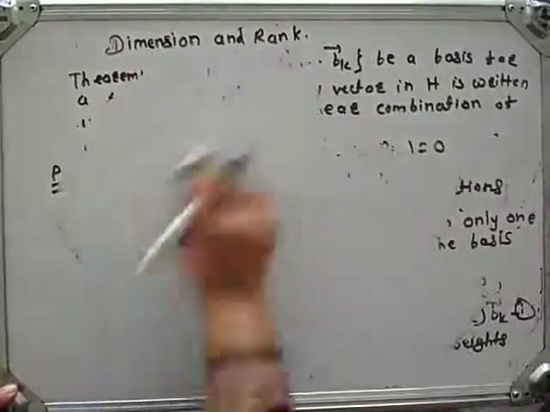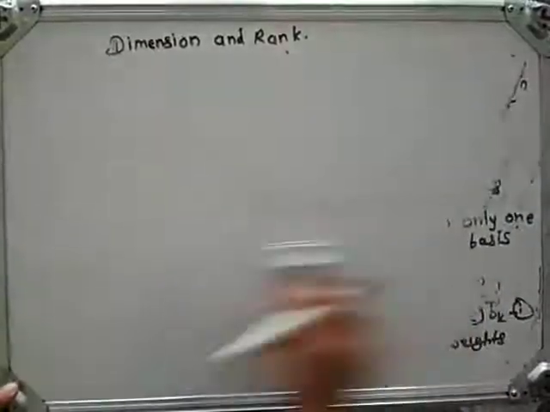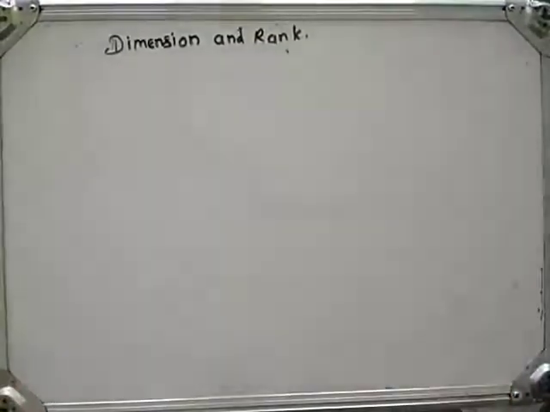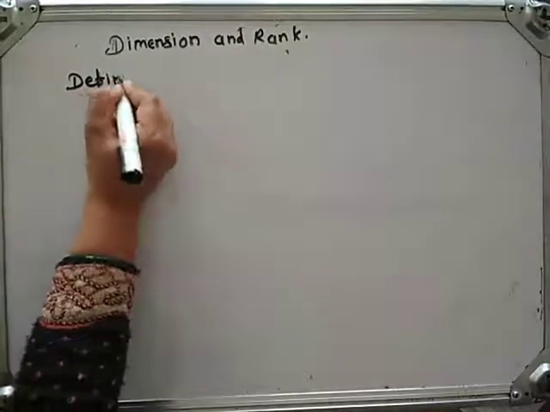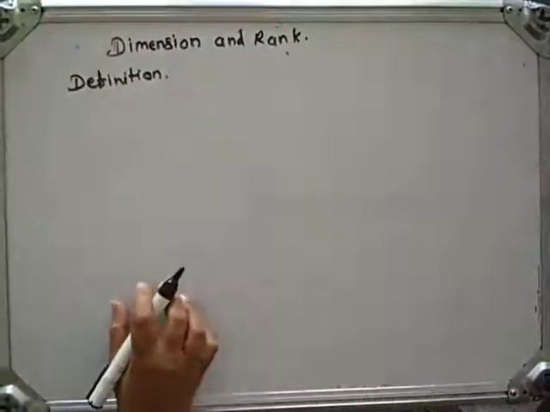Okay. Let us take the next definition. Definition of coordinate of a vector.